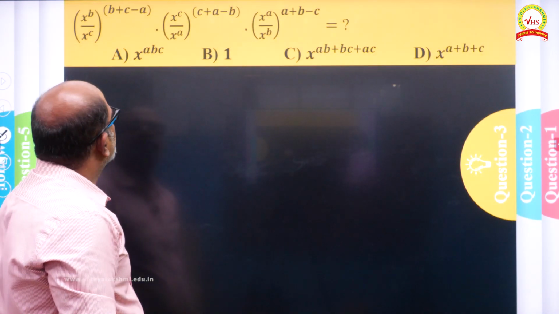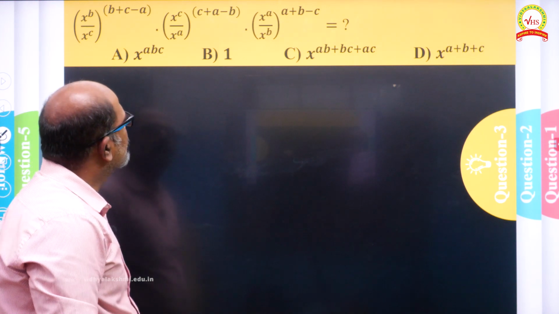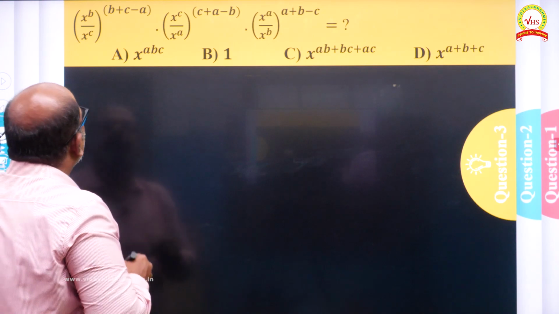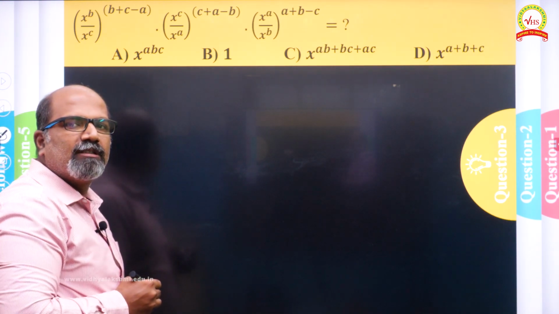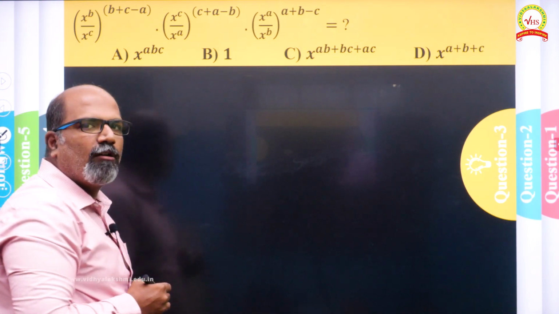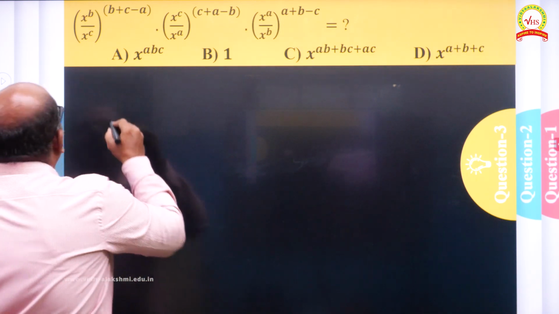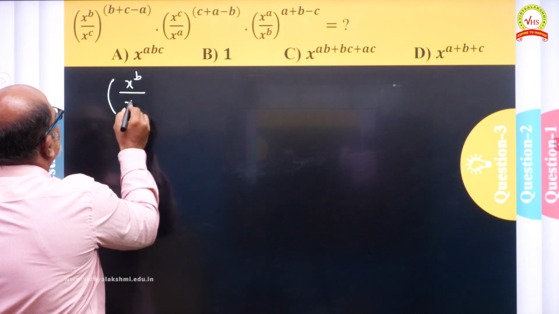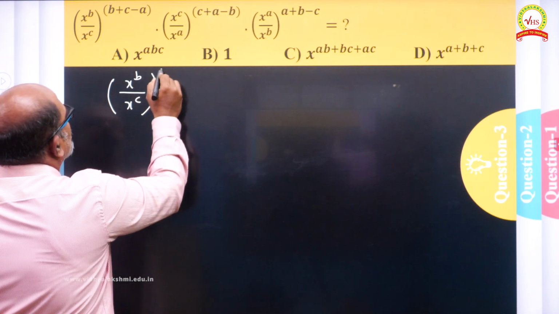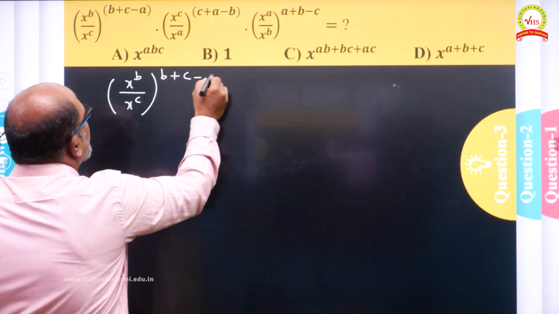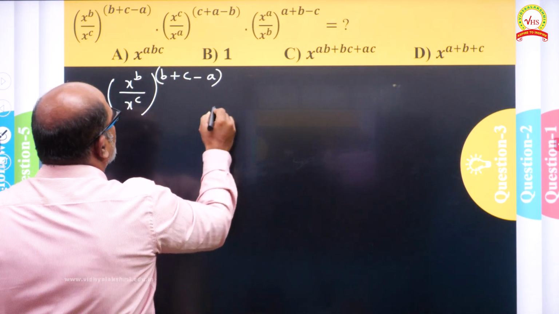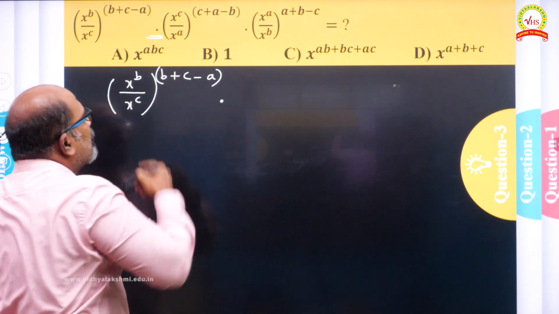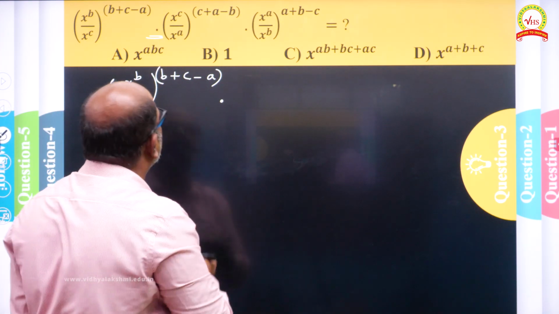Now moving to the third question, you can see the third question on the screen. Yes. First of all, I want to take the question without any mistake because this is a long expression. X power b by x power c the whole raised to b plus c minus a, multiplied by, this dot is nothing but multiplication, it represents multiplication, okay.